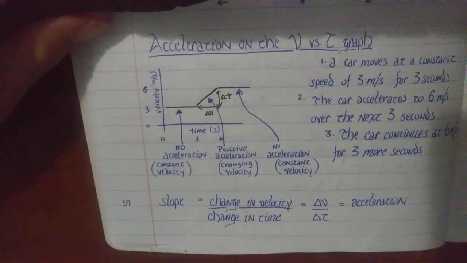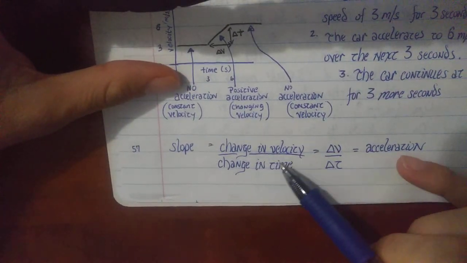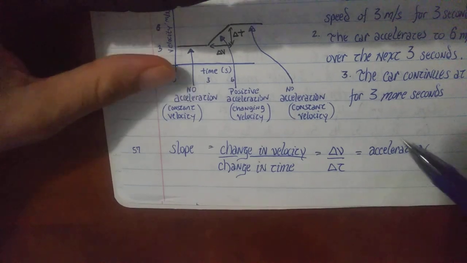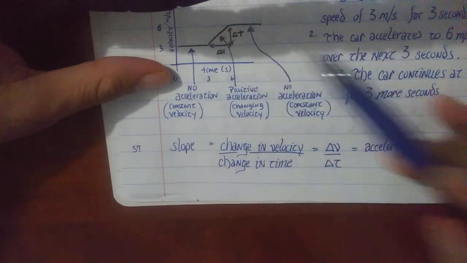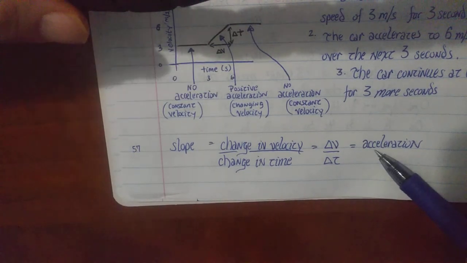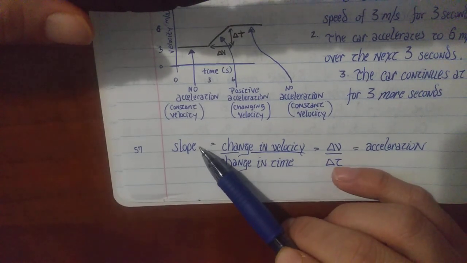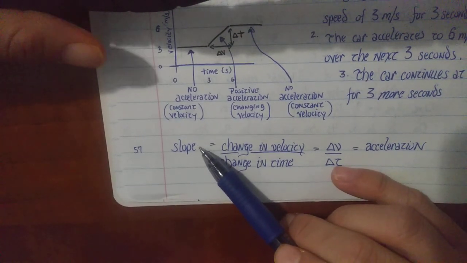The last thing we're supposed to learn is just that slope is the change in velocity over change in time. So the slope of this line is an acceleration. This all ties back to algebra, right? Looking at rates and slopes. A slope is a rate. Acceleration is a rate, right?